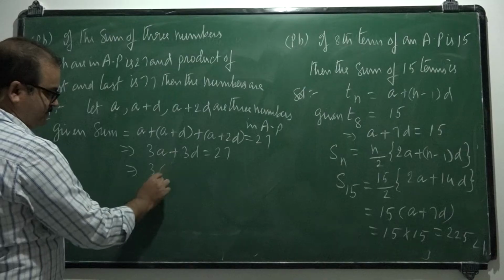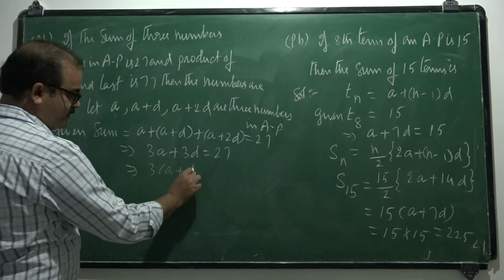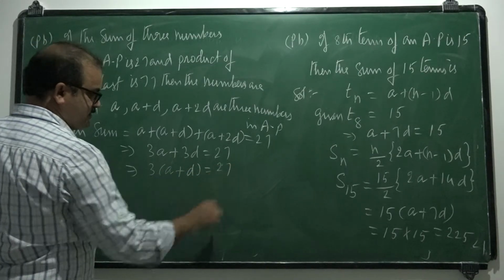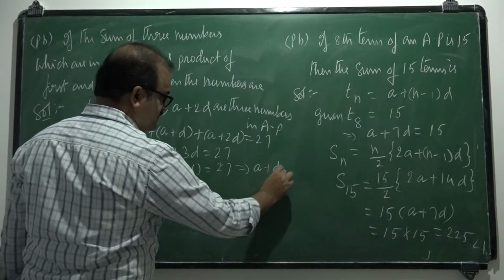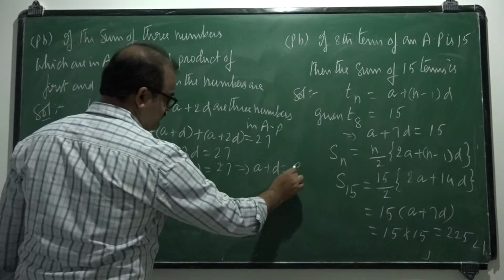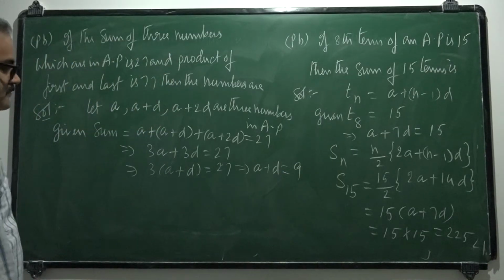Take 3 common, 3 into a plus d is equal to 27. From this, a plus d is equal to 27 by 3, that is 9.